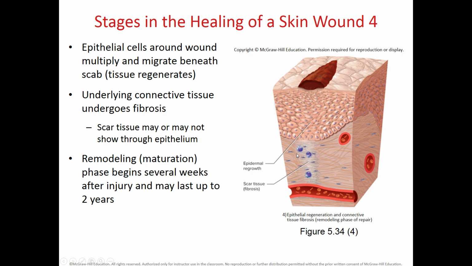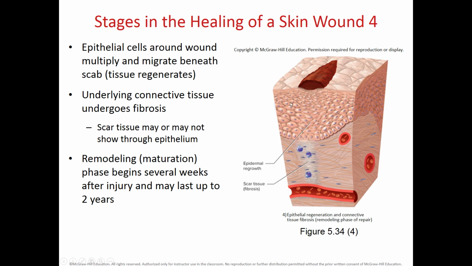The next step is the epithelial regeneration and remodeling, in which you will try to form a more solid tissue, which is called scar tissue or fibrosis, and then you start regrowing the cells of the epidermis, replacing the dead cells from the wound with new epidermal cells. So you have epidermal cell regrowth because you will have mitosis of these cells.